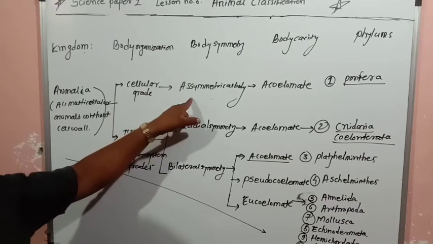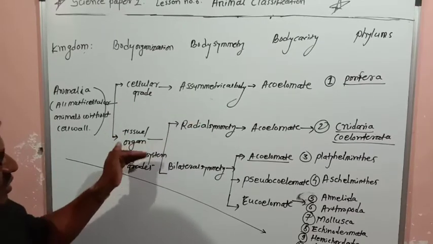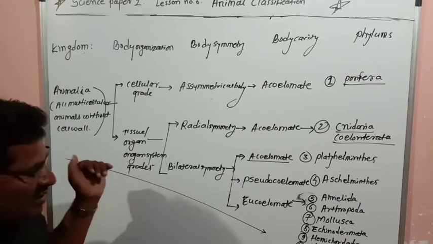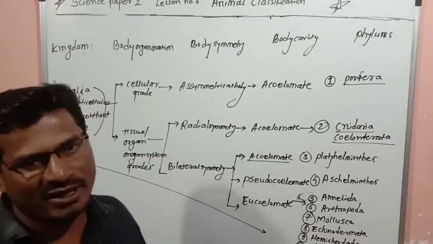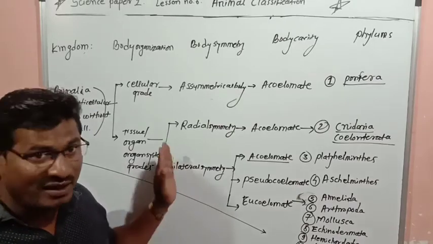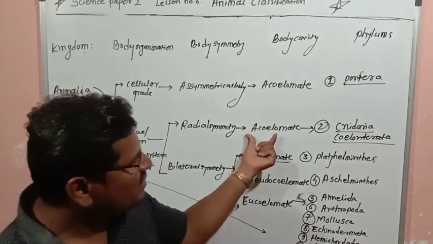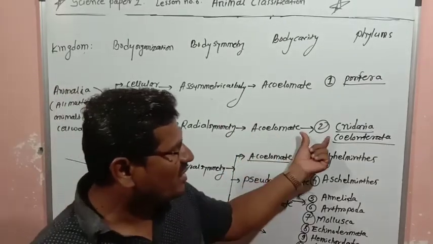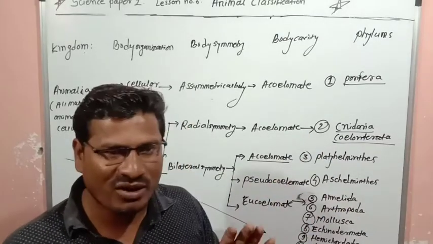In the cellular grade the body is asymmetrical, and in the tissue, organ and organ system grades the body is symmetrical, with radial symmetry and bilateral symmetry. In radial symmetry the body is acoelomate, and the example is only Cnidaria or Coelenterata.